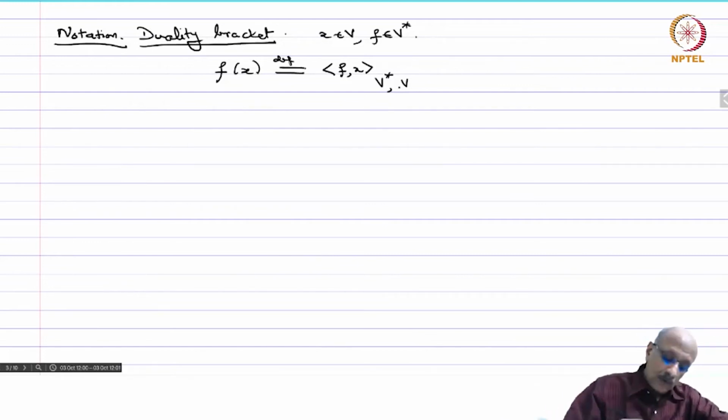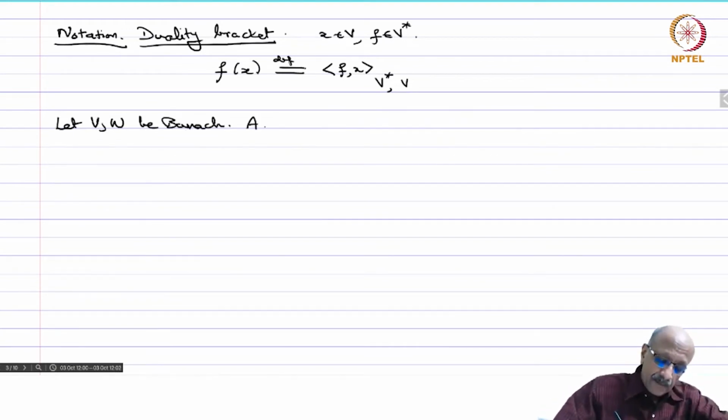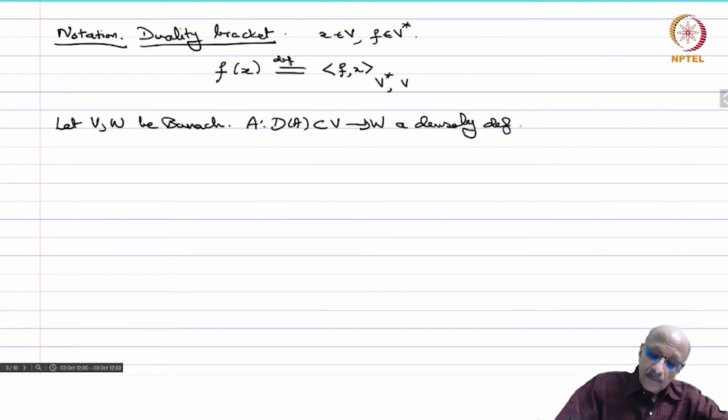Okay, so now let V, W be Banach and A from D(A) contained in V taking values in W, a densely defined operator. This is important. Now we are going to make a definition of a subspace.